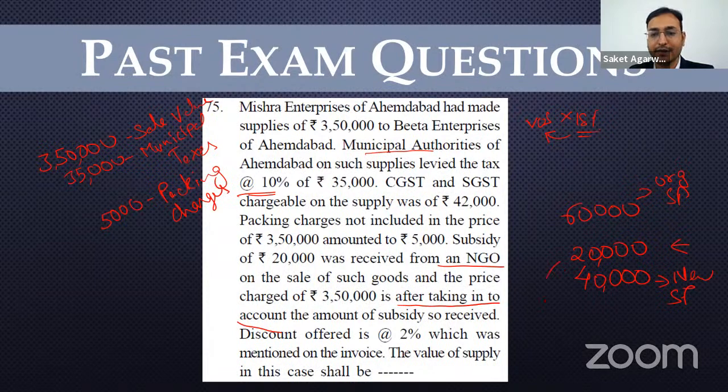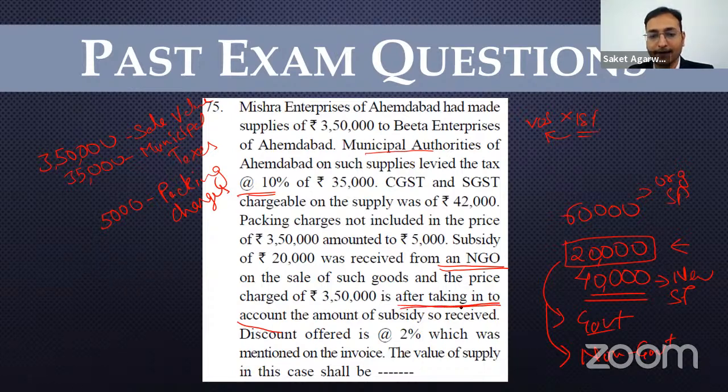Because of the subsidy, we reduce our original selling price and we get a new selling price. The law says if this subsidy is from government, then on the new selling price we can charge GST, nothing has to be done. But if it is from a non-government entity, then we are supposed to add back this 20,000 rupees. Here in our question, it is from an NGO and they have already reduced it. How do we know that?